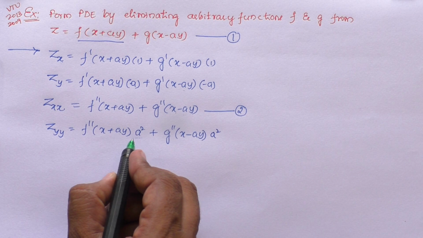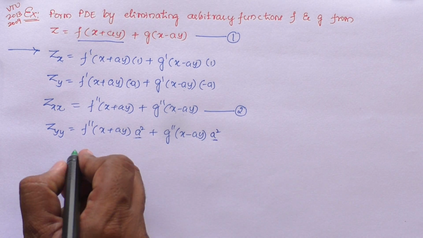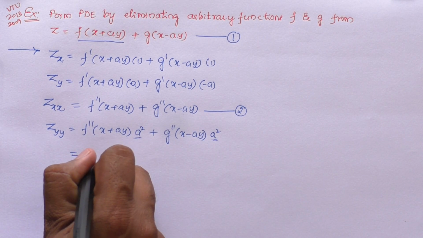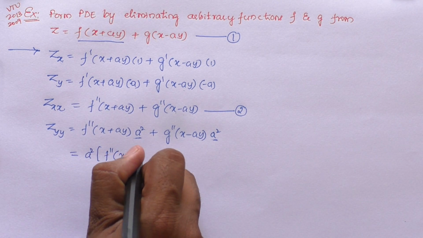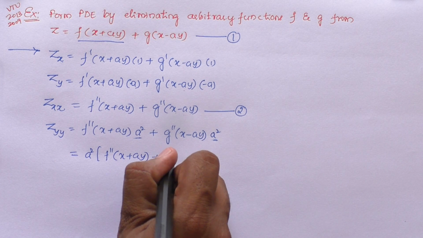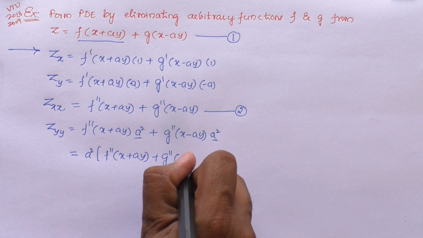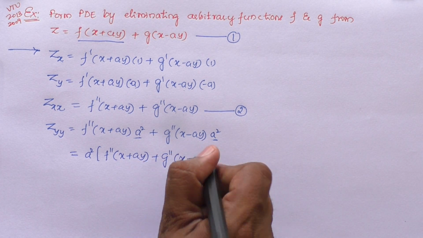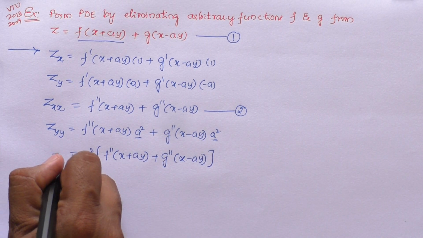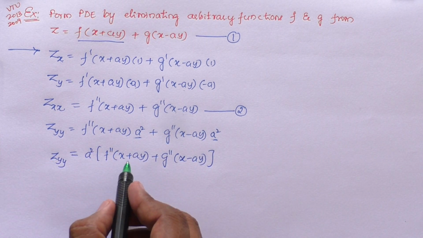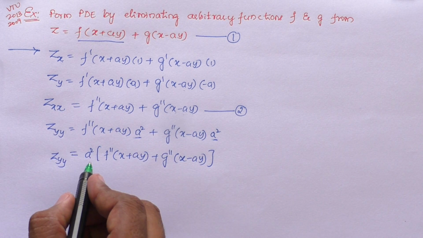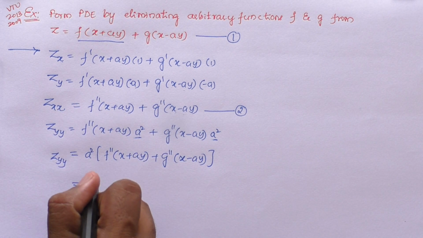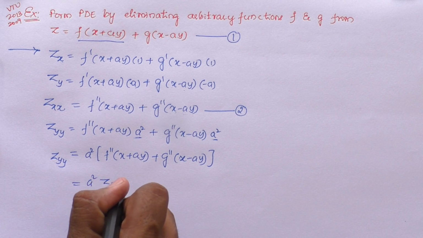Now a square is common here, so take a square common. We get zyy equal to a square times f double dash of x plus ay plus g double dash of x minus ay. But we know f double dash plus g double dash is zxx, so substitute here: zyy equals a square zxx.